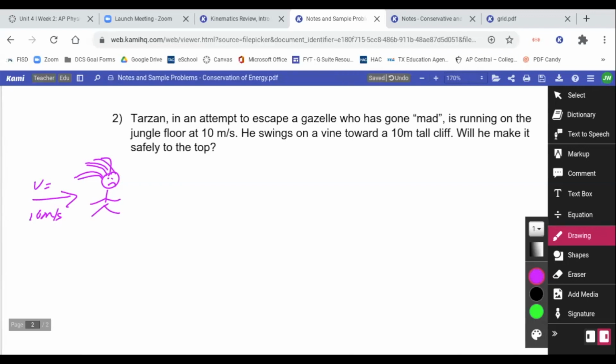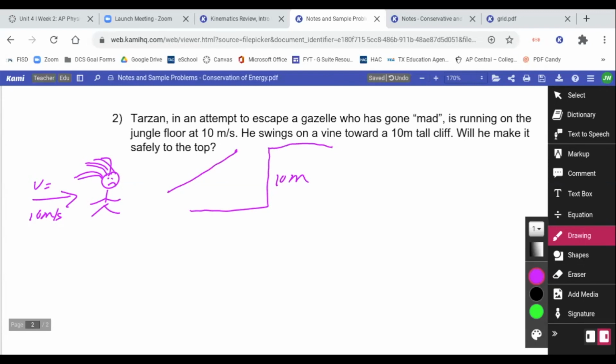And he sees this vine. He's going to grab it, and he hopes that it will take him up 10 meters. He's going to trade his kinetic energy for gravitational potential. And we need to determine, can he get up 10 meters?